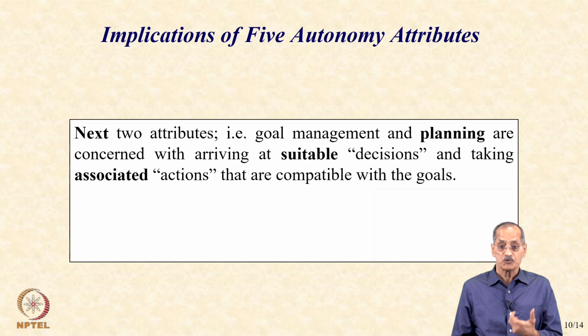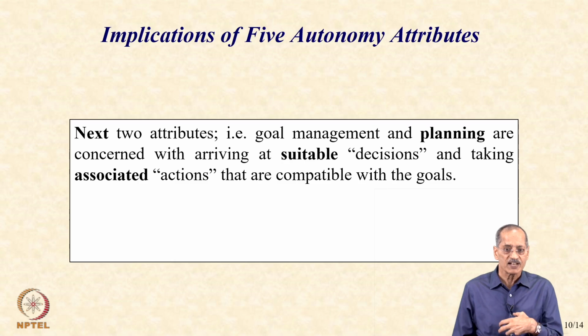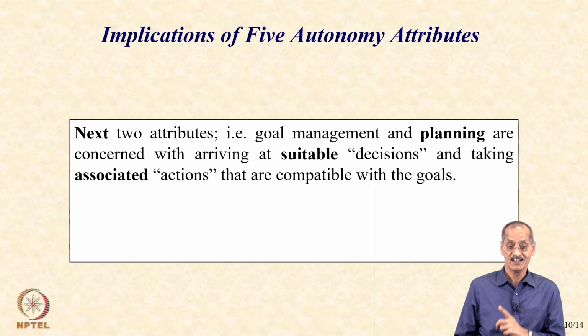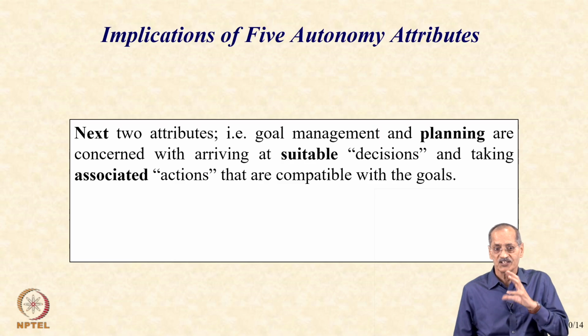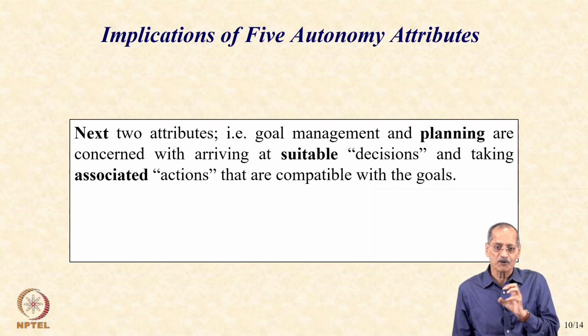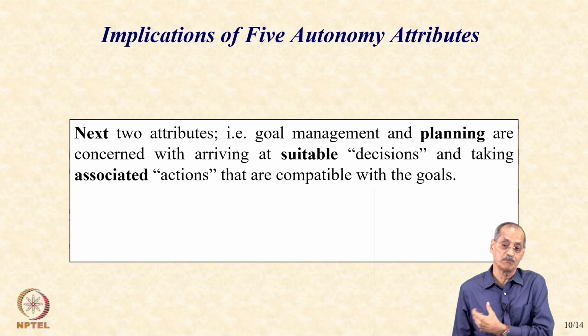Then goal management and planning are concerned with decisions and actions, which means based on our understanding, we take decisions. The decision is your goal management, and the actions that we are going to take are part of your planning and strategy, which are compatible with the goal. So, decisions and actions together perform the task of goal management and planning.